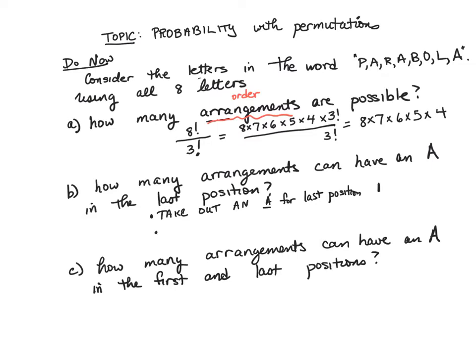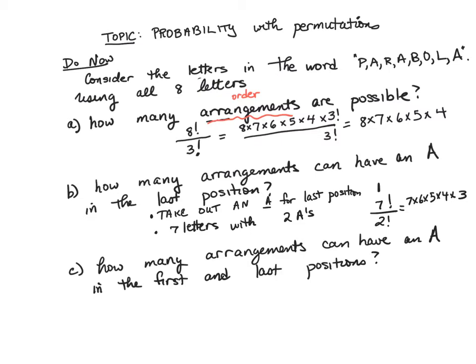That's one way. So there are 7 letters left with 2 A's that repeat. So the number of ways to arrange that would be 7 factorial divided by 2 factorial. And again, we could simplify that to 7 times 6 times 5 times 4 times 3. The 2 factorials divide through.